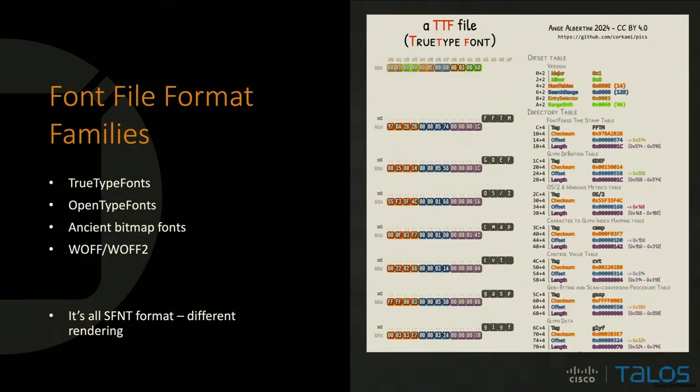In SFNT, there's a table for everything. There are cross-references all over the place. Ange Albertini's excellent file format dissection graphs like this can help understand how it works, but it's pretty complex. In this case, both OpenType fonts and TrueType fonts look indistinguishable just from looking at the file. You have to dig into the structure a bit more to understand which one's which.